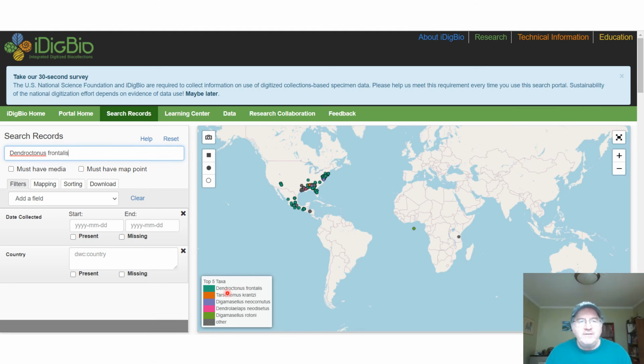We want to concentrate on the green records here. These are ones that they think are going to be relevant to the search that you did. Tarsonemus cranci, I believe that's a mite. Dendrolaelaps is definitely a mite. I don't know what the other two guys are. These look like biological associates of the southern pine beetle.